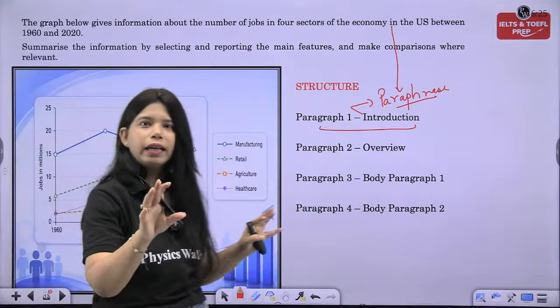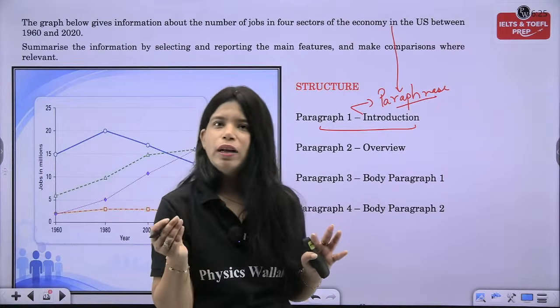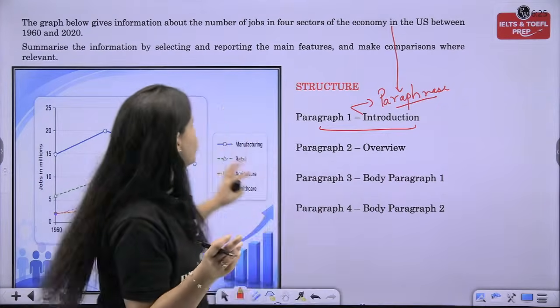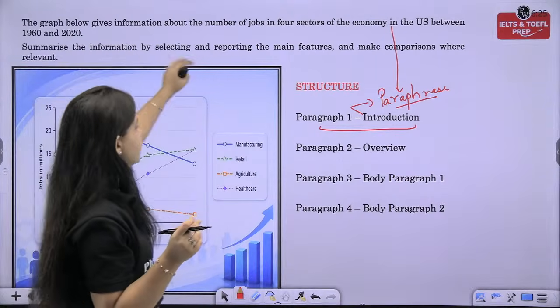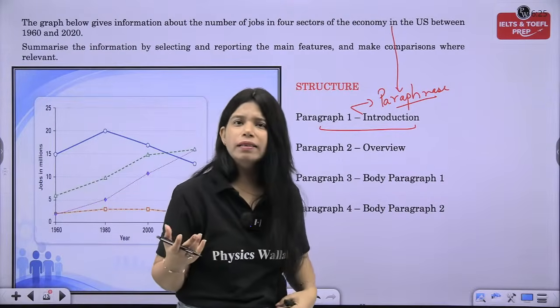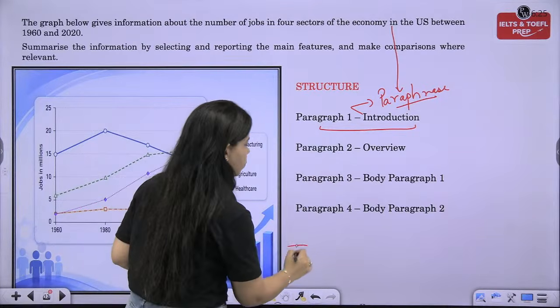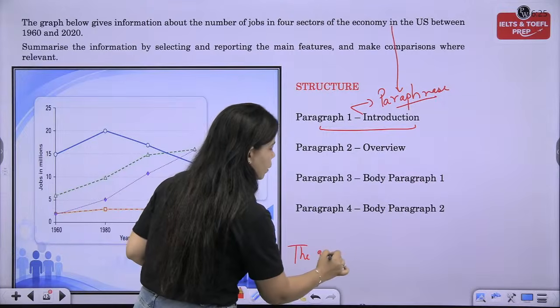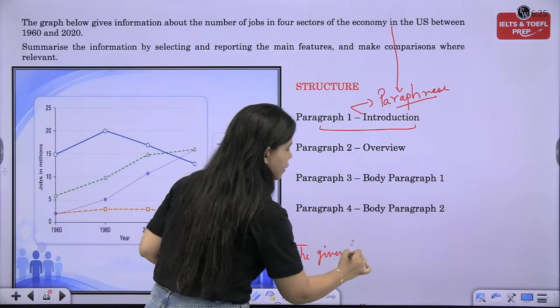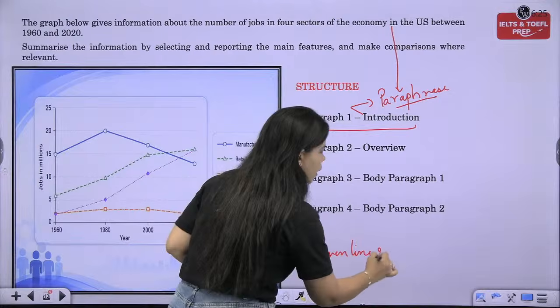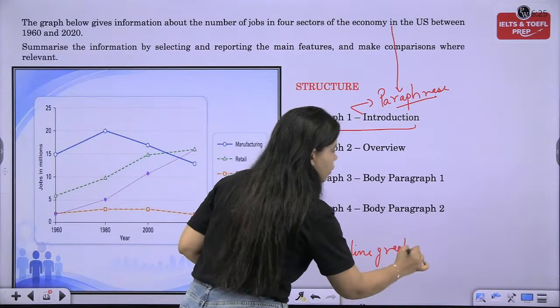I will give you one technique using which you can paraphrase very easily. Okay, so the question says the graph below gives information. How do we write the beginning statement? The given line graph. Always write your beginning statement like this. The given, and whatever graph it is, write that after it. In this case we have a line graph.